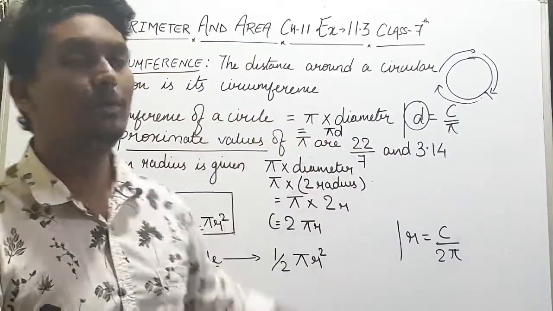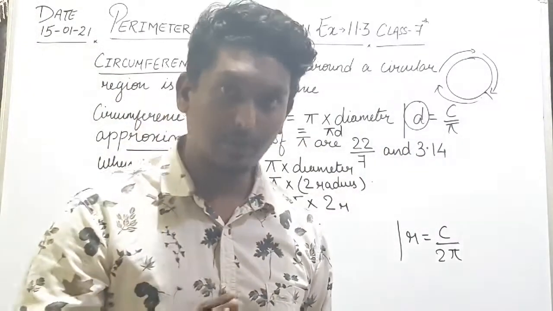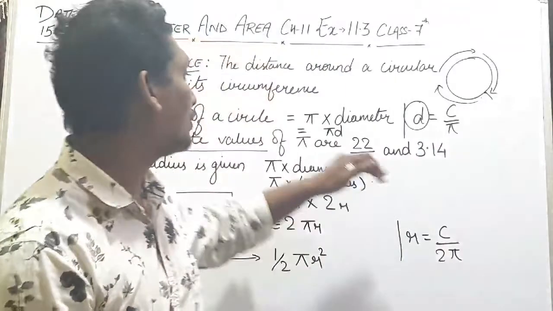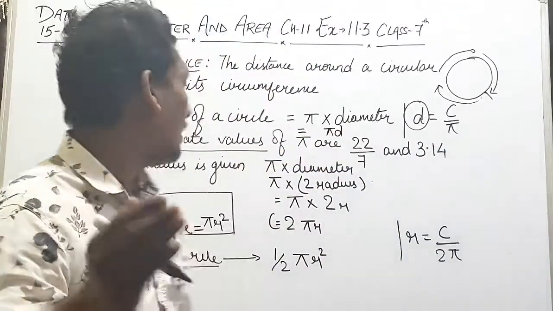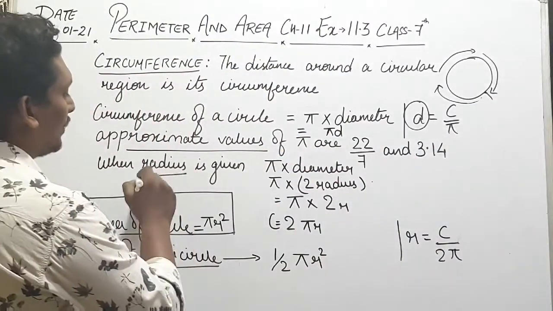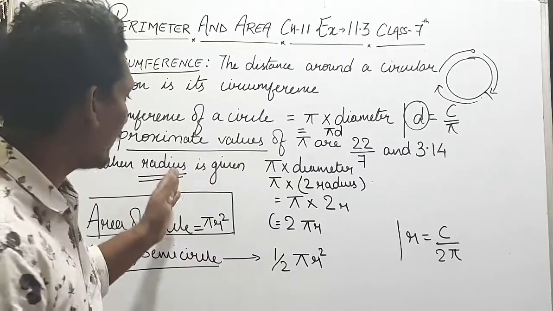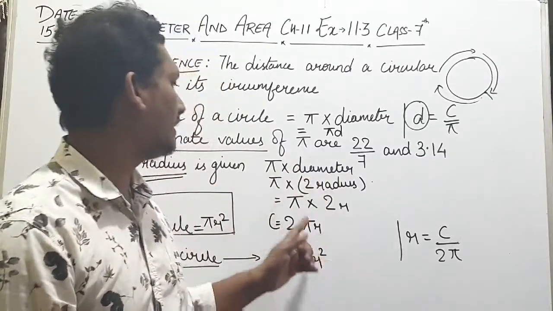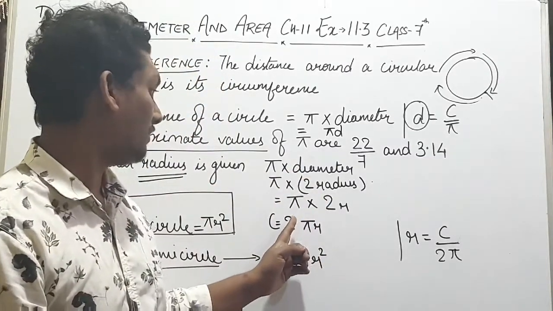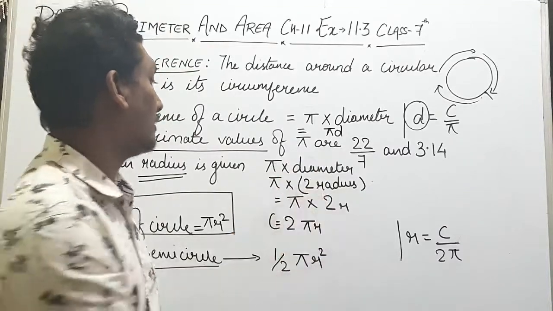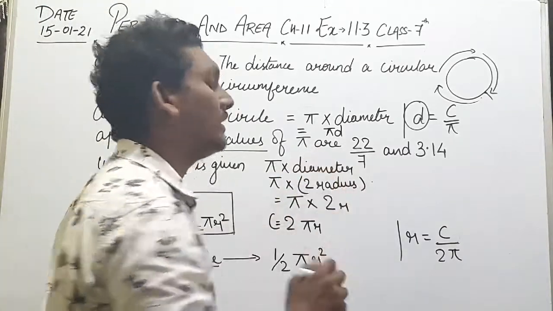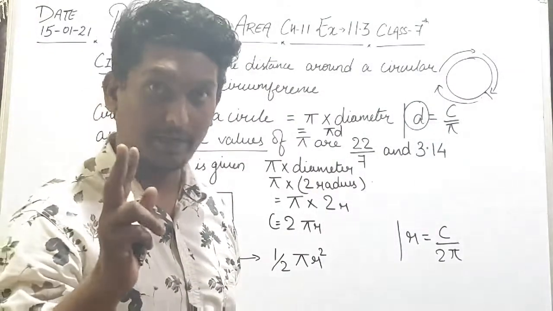So when the question is about the diameter, and you have to find the circumference, use the formula pi d. Now when the radius is given to you, the formula is pi into diameter. A diameter has how many radii? 2 radii.